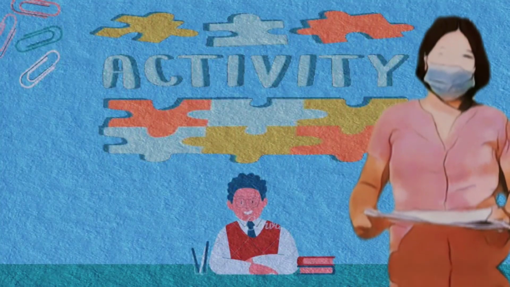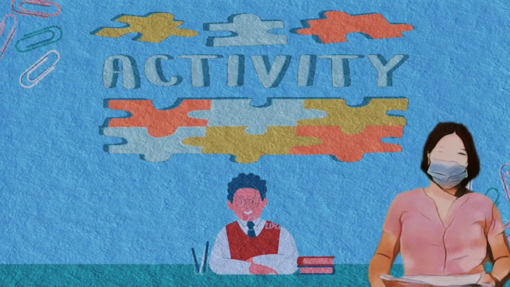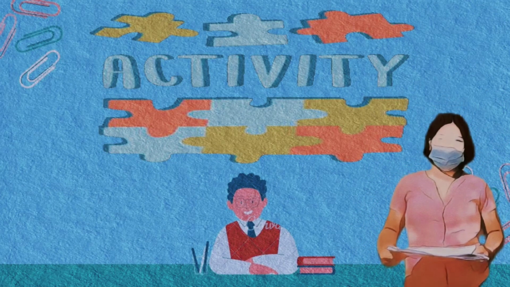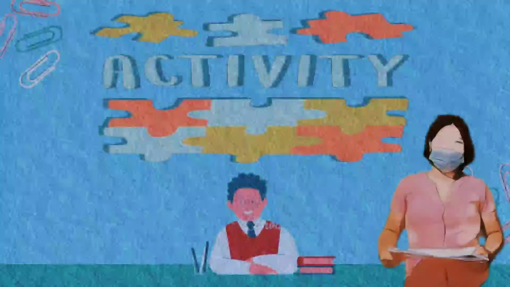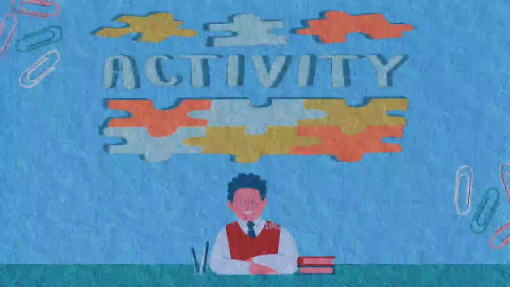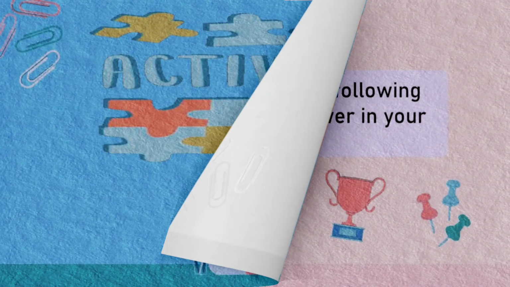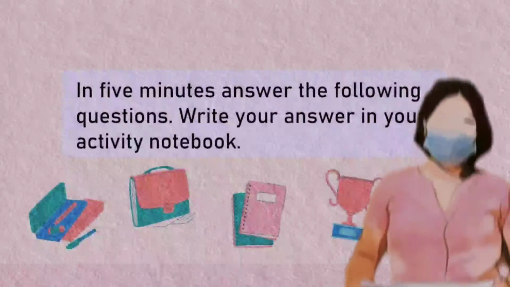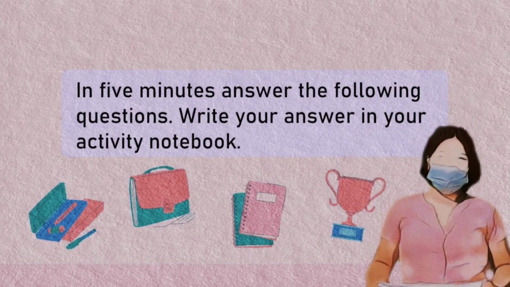Have you read the story carefully, class? And what have you learned from it? I presume that all of you read the story. So this time, to know if you really understand the selection, I will give you an activity to answer. I will give you 5 minutes to answer the questions.